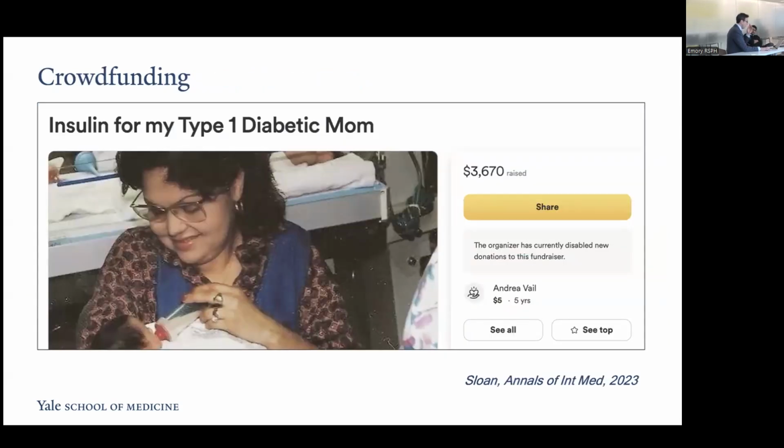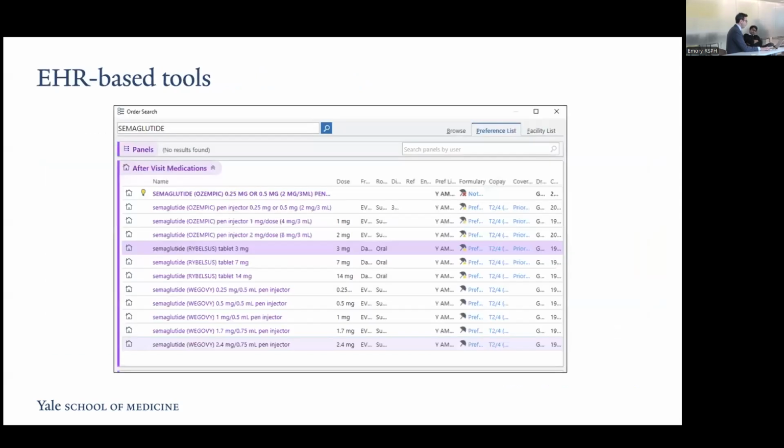Some patients take to crowdfunding to crowdsource money for medicine. Most of my work, though, has been focused on EHR-based tools.